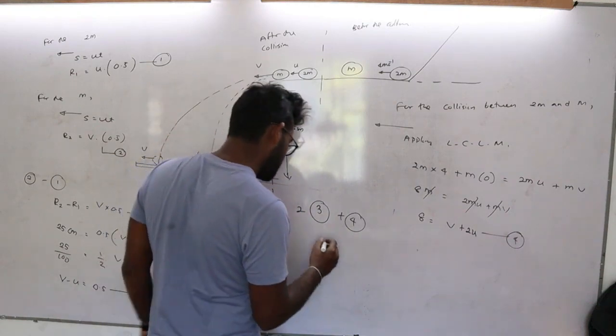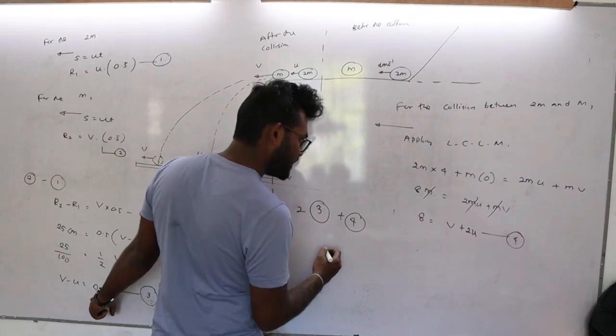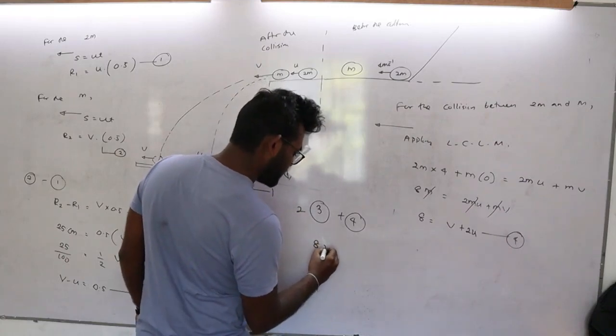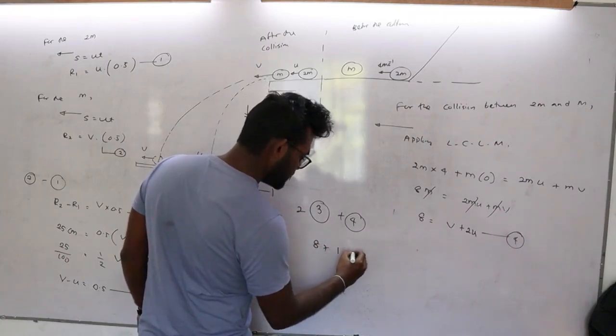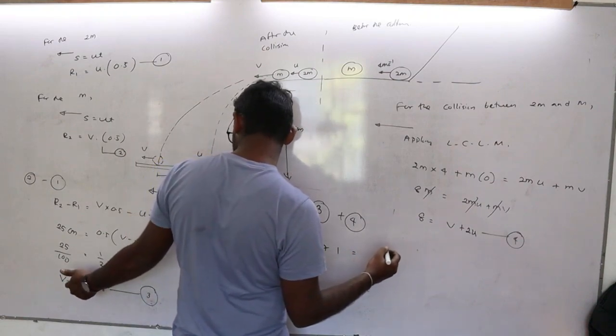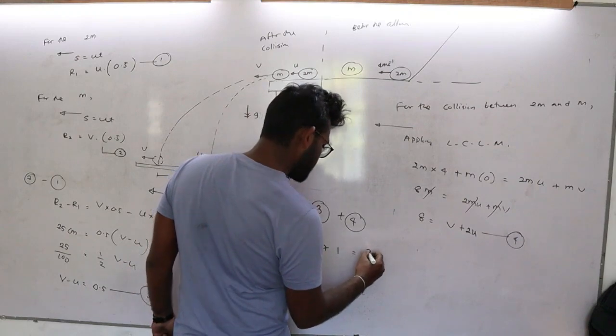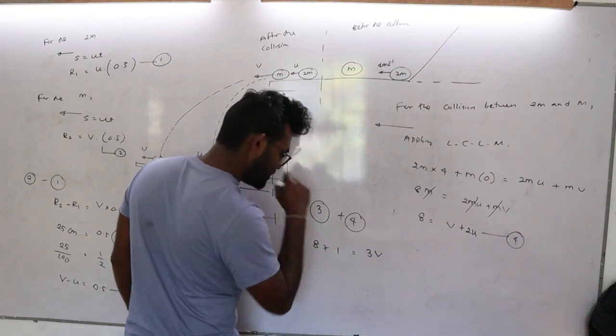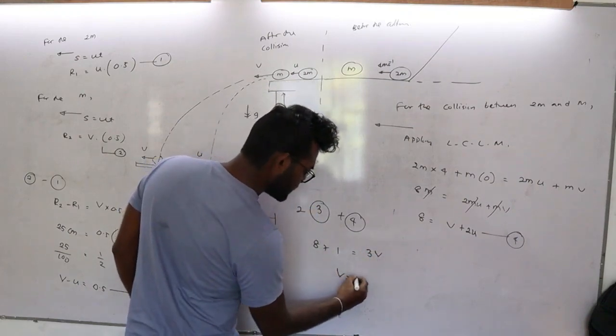So it is 1, 8 plus 1 equals 3v. Yes, v is equal to 3.